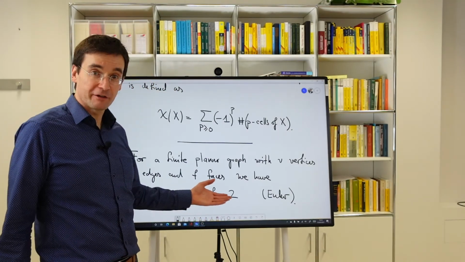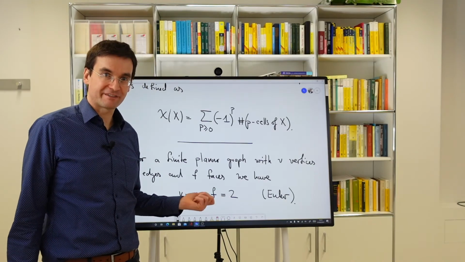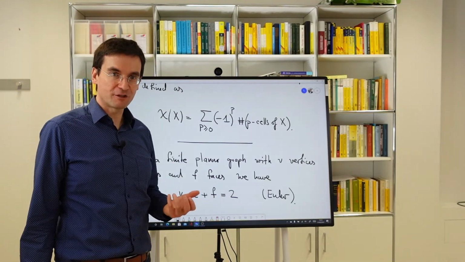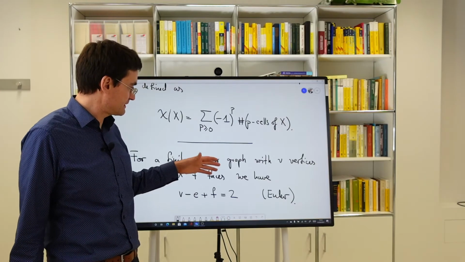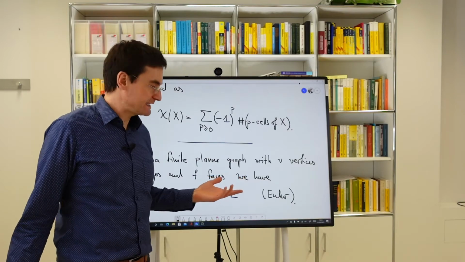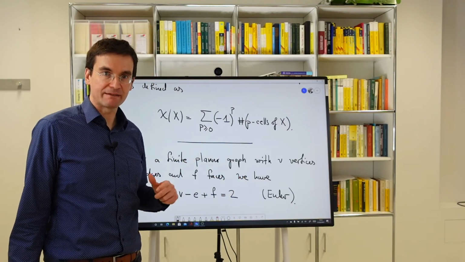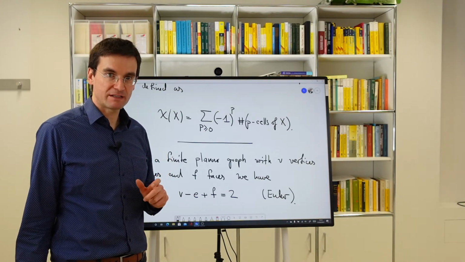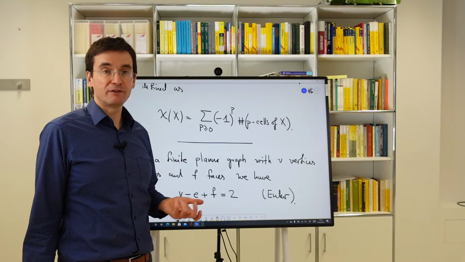And why is it an Euler characteristic? How do we interpret this formula as an Euler characteristic? We need a finite CW complex. What is the CW complex? This is drawn in a plane. The plane is not compact, it's not finite in any sense, but we can compactify the plane. We can take the one-point compactification of the plane and therefore obtain a sphere.